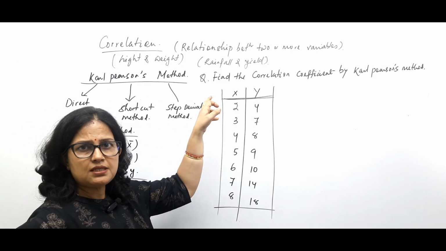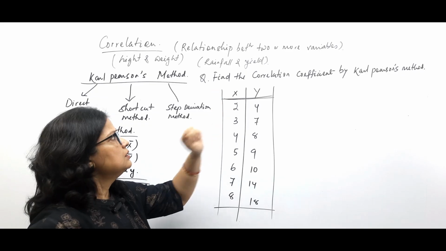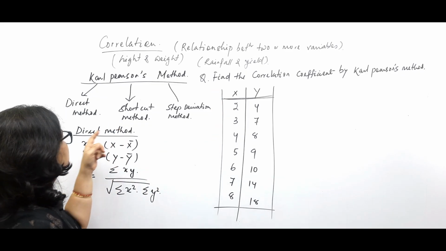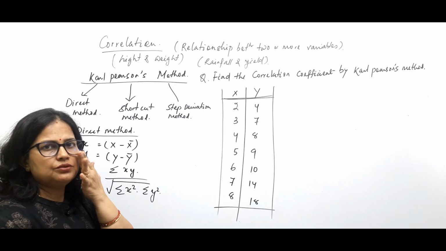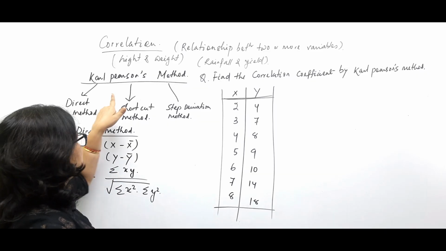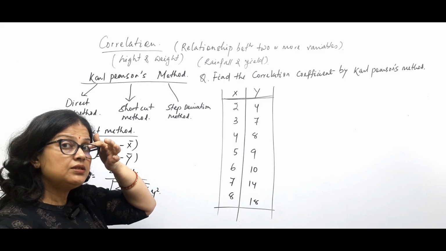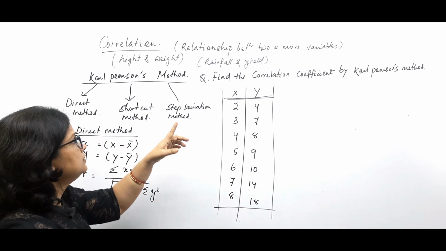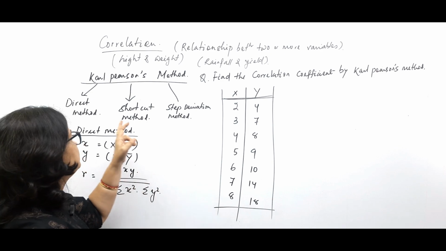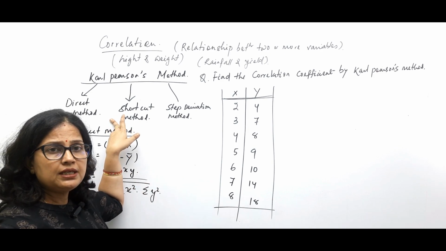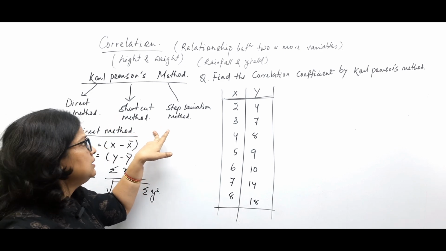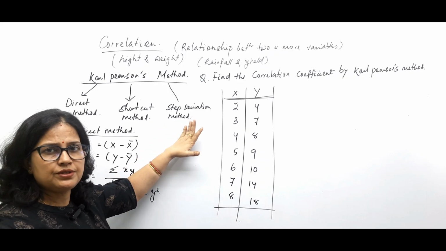The first method is Karl Pearson's method to find the correlation coefficient. For Karl Pearson's method, different methods are used: we can calculate the correlation coefficient by the direct method, the shortcut method, or the step deviation method.